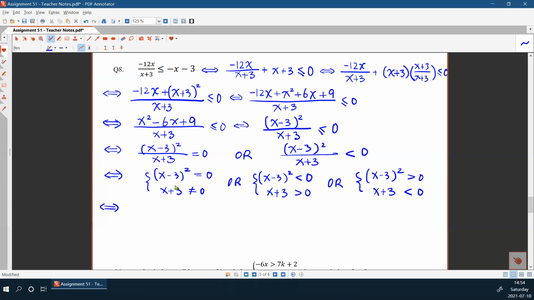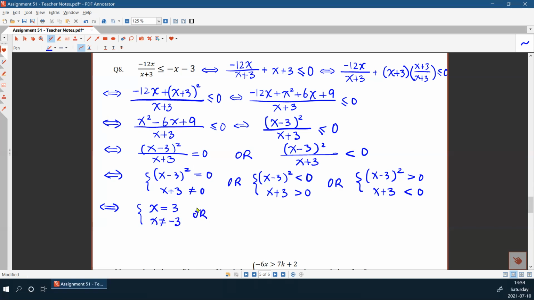Okay, next let's solve the 3 branches one by one. First of all, when you have something squared equals 0, that means the thing here must be 0, right? So the solution is obvious, x equals 3. And at the same time, x cannot be minus 3.